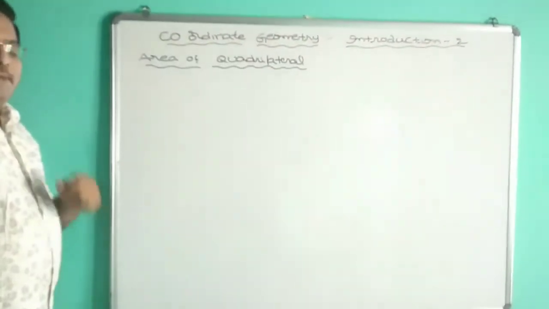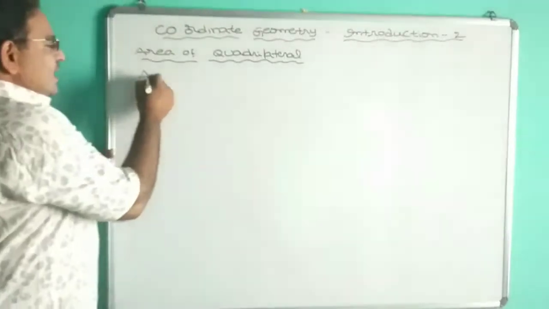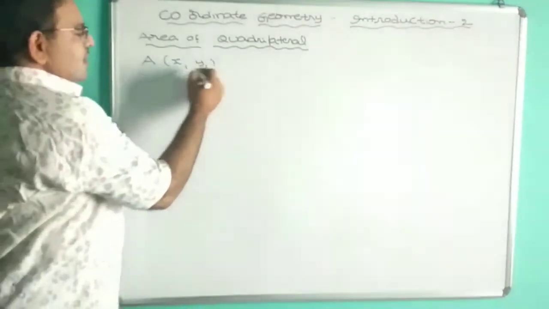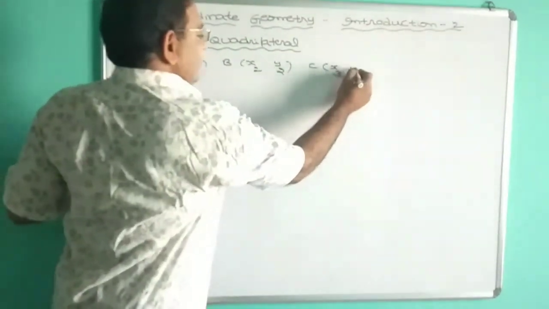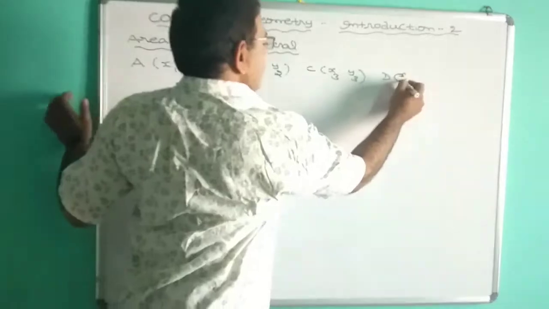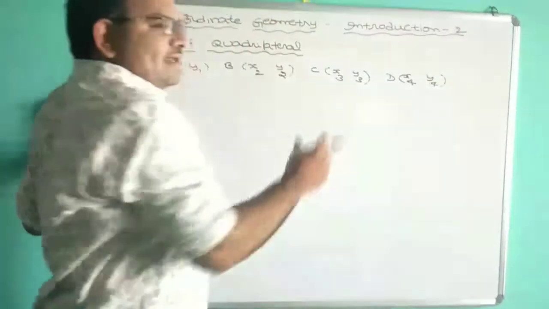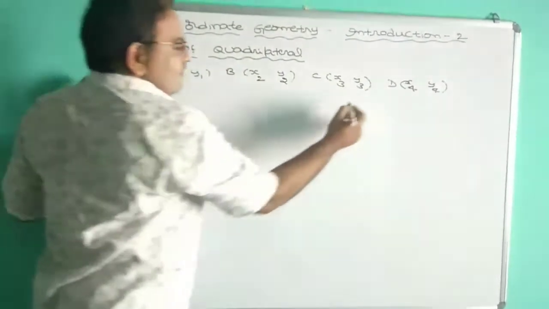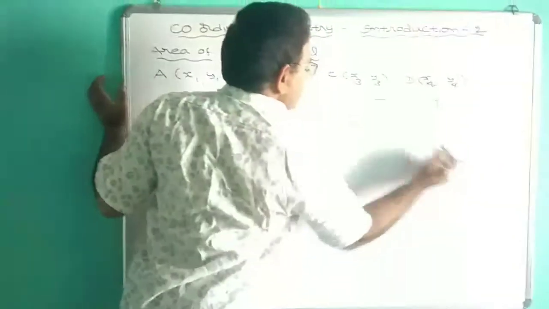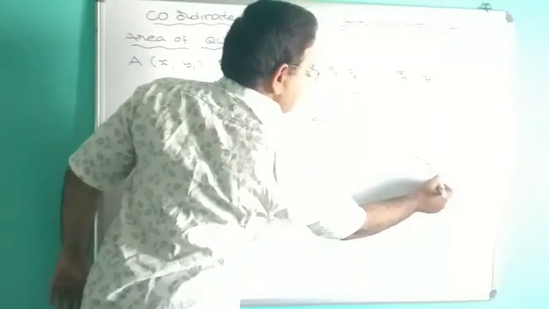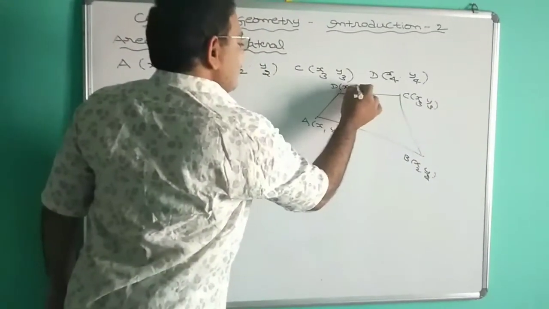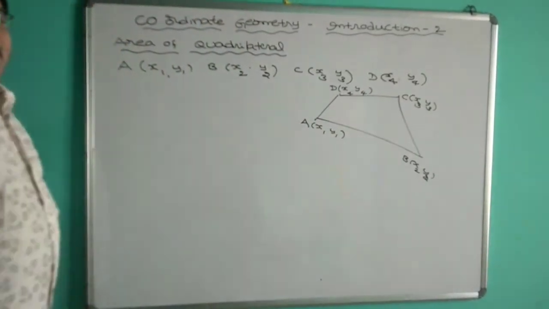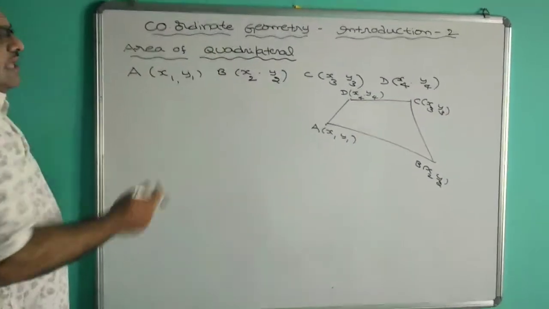Area of a quadrilateral means, if you take A (x1, y1), B (x2, y2), C (x3, y3), D (x4, y4) as the vertices of a quadrilateral ABCD, then how do we find the area of the quadrilateral?